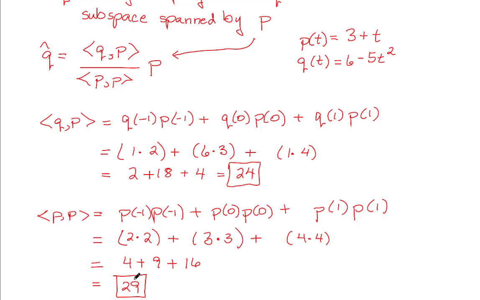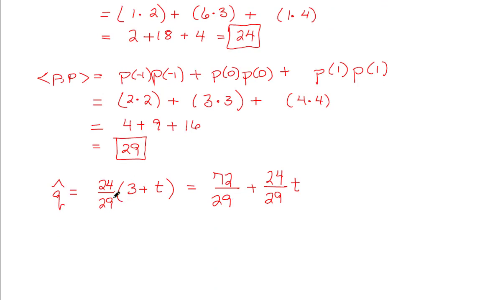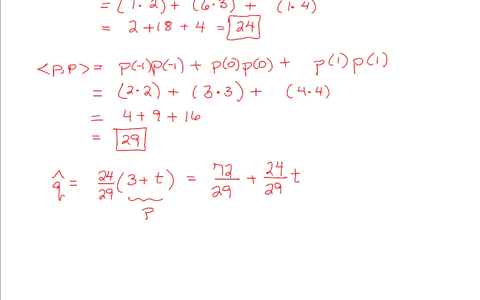And so this is going to be 24 over 29. So there it is. Here's the vector P. And so multiplying this through, this gives me the orthogonal projection of Q onto the space spanned by the single vector P.